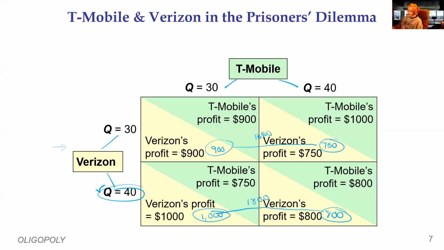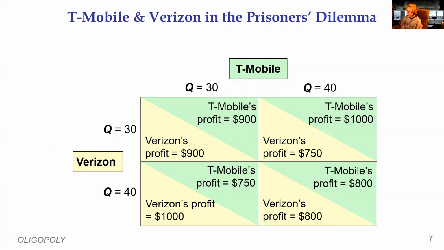Okay, let's go ahead and look at T-Mobile. In T-Mobile, now they can either produce 30 or 40. So now we're looking at T-Mobile.